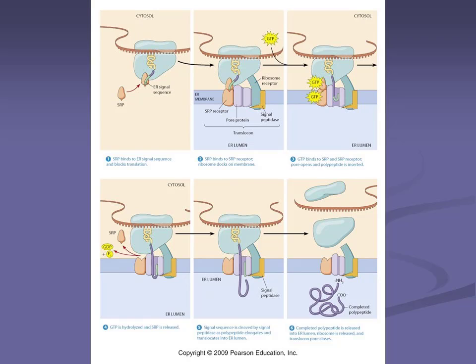Now, once you're free-floating in the ER, what might your target destinations be inside the cell? What would be the most likely targets? Because think about it, you're inside the ER.